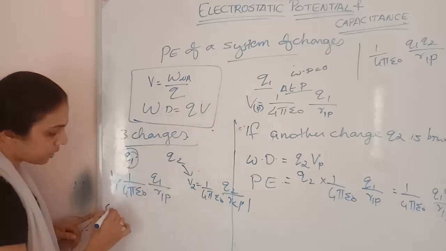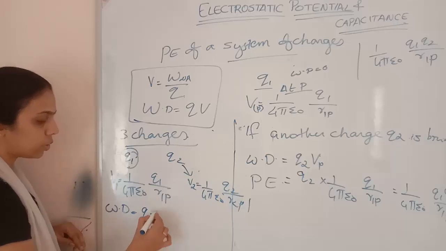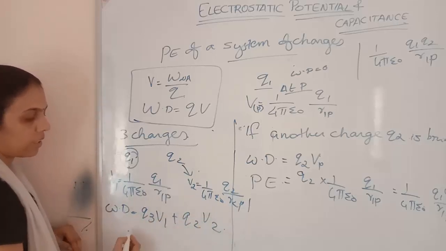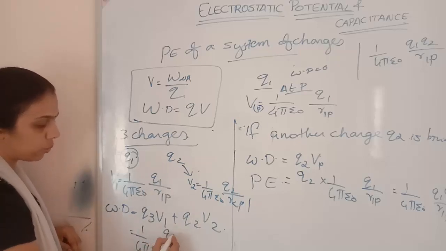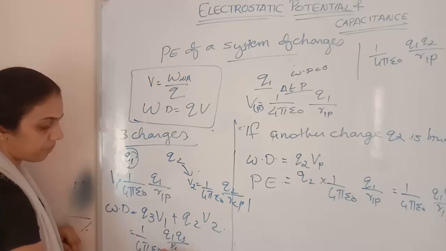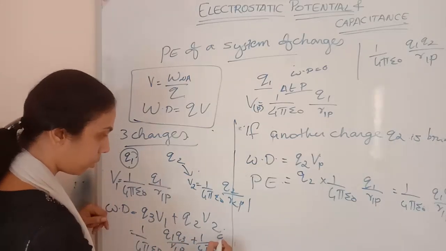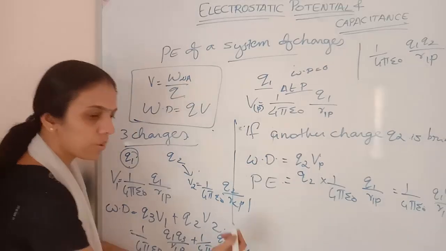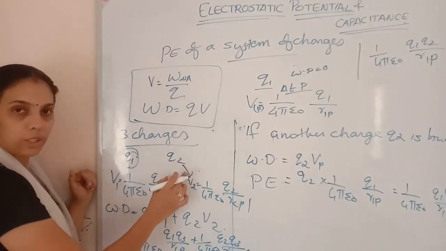So what will be the total work done? It will be Q3 into V1 plus Q3 into V2, so we get 1 by 4 pi epsilon 0 Q1 Q3 divided by R1P plus 1 by 4 pi epsilon 0 Q2 Q3 divided by R2P. This is the work done in bringing the charge Q3 to these two charges.